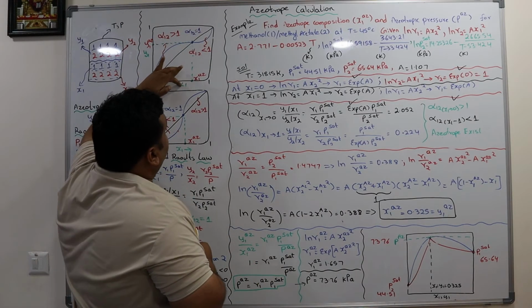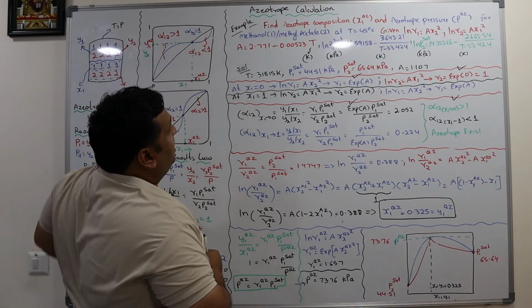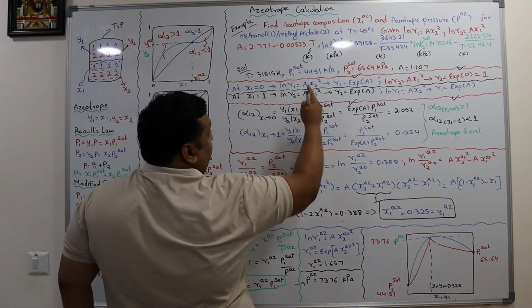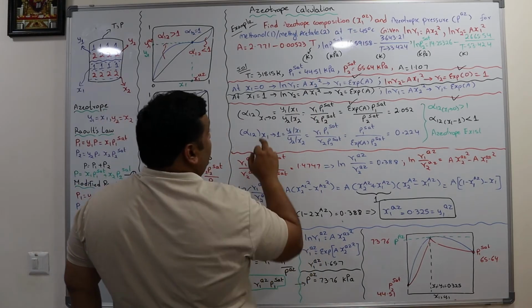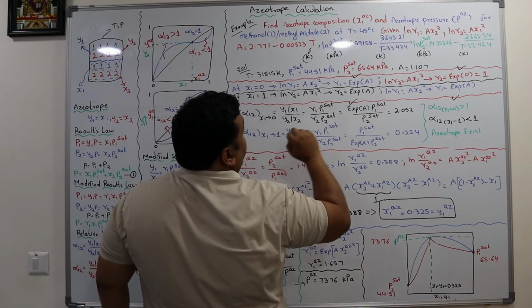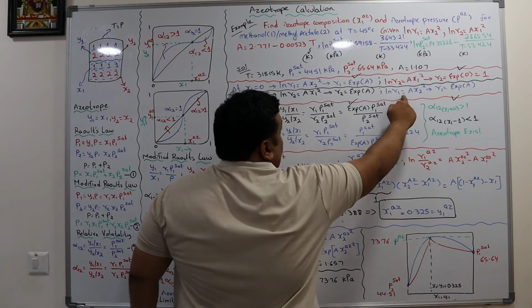Let us see when x1 towards 1, what are gamma 1 and gamma 2? When x1 towards 1, ln gamma 2 equals A x1 squared, so gamma 2 is equal to exponent of A. Then ln gamma 1 equals A x2 squared.